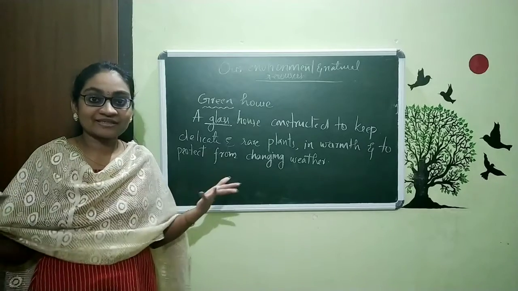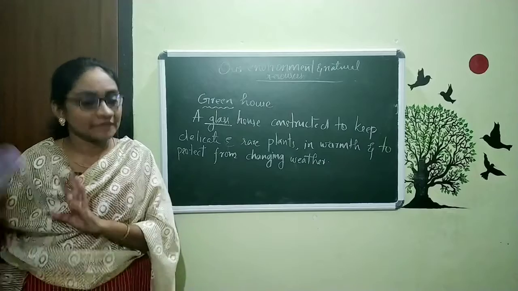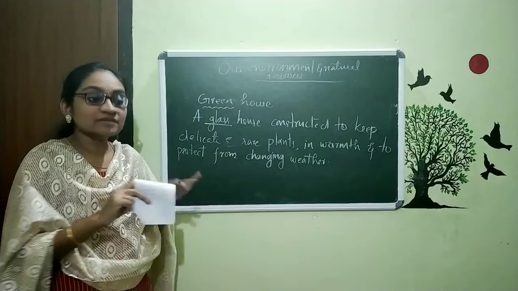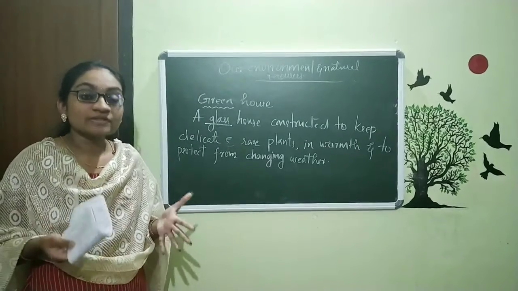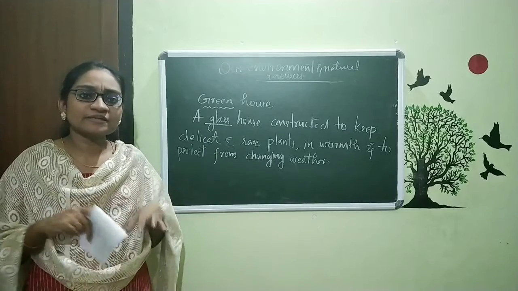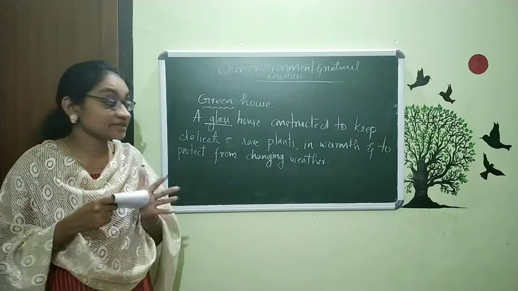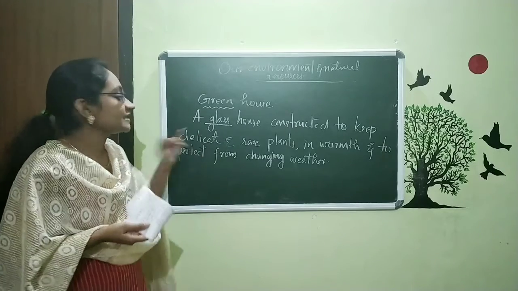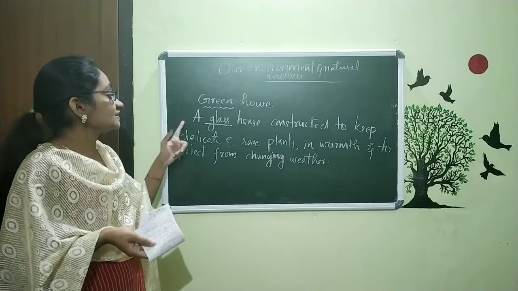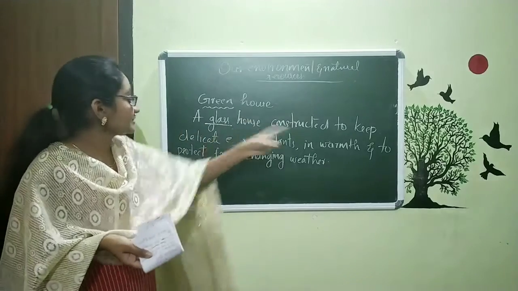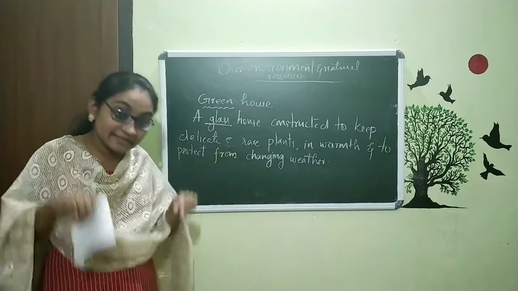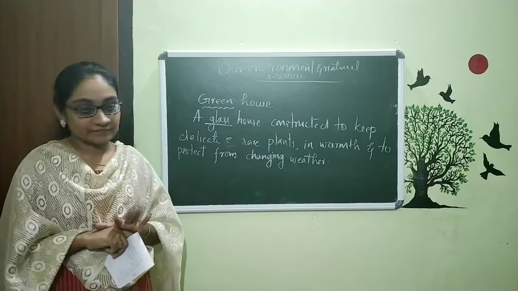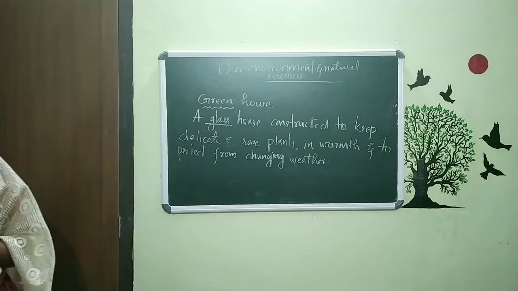We know our weather is continuously changing, and different plants need different climates, some need a cold climate, so here we set a particular temperature within the glass house. The definition is: a glass house constructed to keep delicate and rare plants in warmth to protect from changing weather.